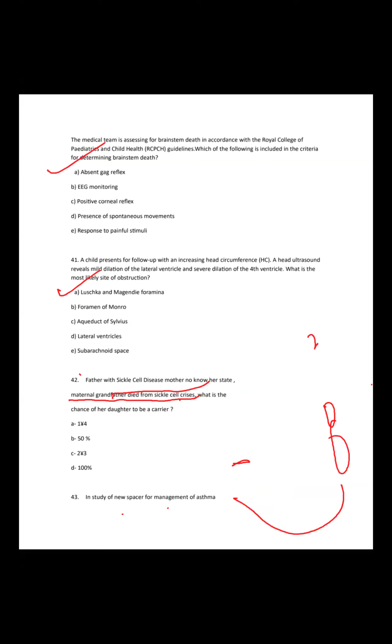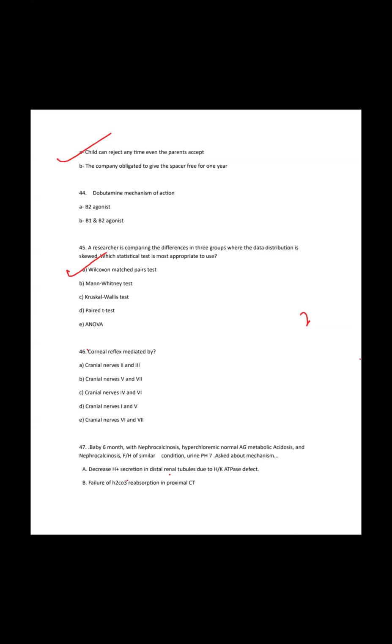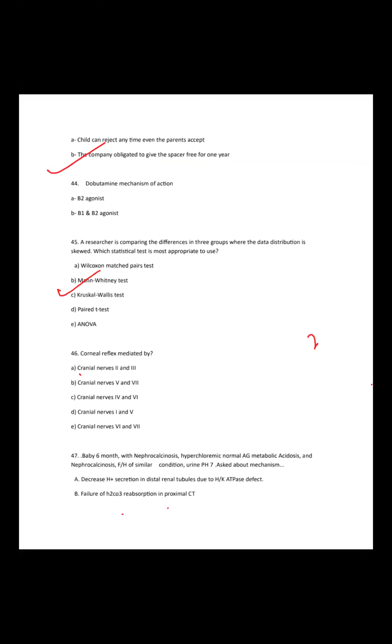Now in a study of a new spacer, we discussed that the children can reject dobutamine. Mechanism of action: dobutamine works on both, I think, beta 1 and beta 2 agonist.